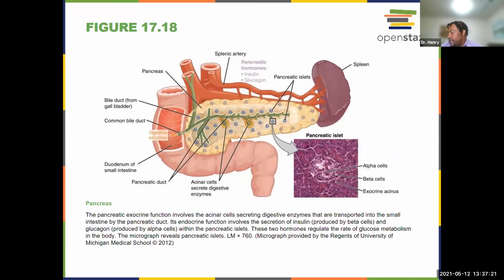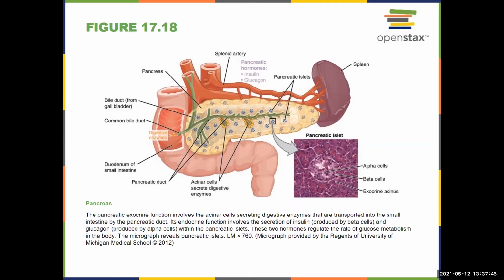Your stomach and your intestines also secrete it. These are inhibitory hormones, so they're going to inhibit the release of both glucagon and insulin. The idea is that your stomach sends that signal to tell those cells to stop.